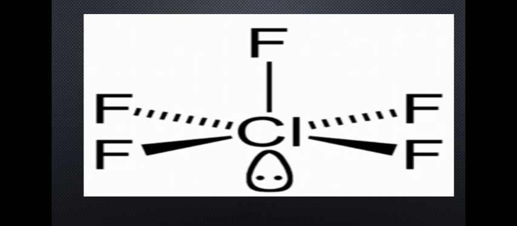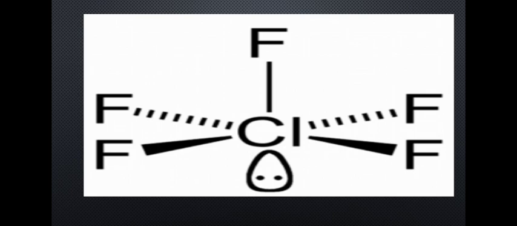Let us recall one thing. If from calculating hybridization the value comes out to be 2, hybridization will be sp. If value comes out to be 3, it will be sp2. If value comes out to be 4, it will be sp3. If value comes out to be 5, it will be sp3d. If value comes out to be 6, it will be sp3d2.